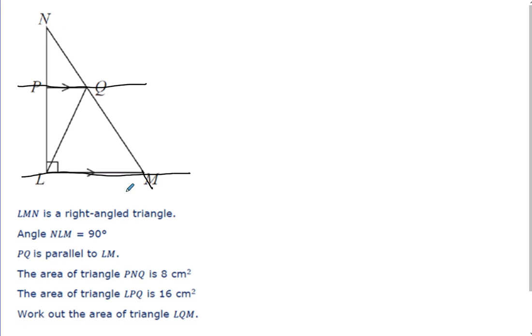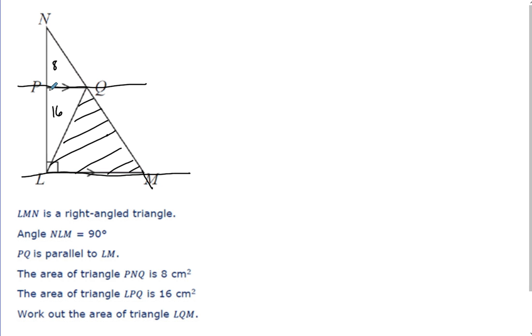The area of triangle PNQ is 8, and the area of LPQ is 16. Work out the area of triangle LQM. So we want that bit there. Shade it ourselves.